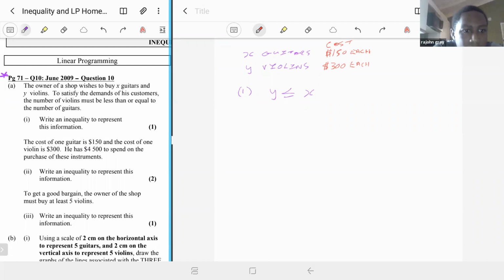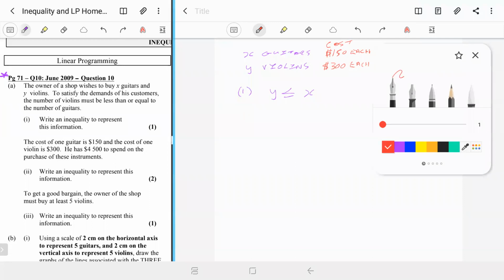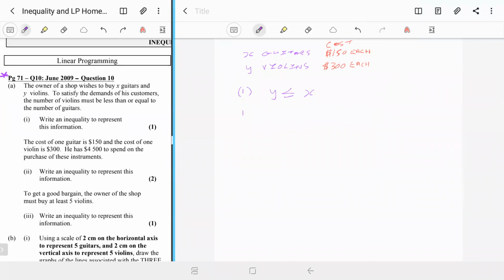Somebody tell me, the maximum 4,500 can be less than. All right, you're on the right track. I'm gonna clean it up for you. Good, like that. So the maximum he spends is 4,500. What you need is an expression for the amount that he actually spends.